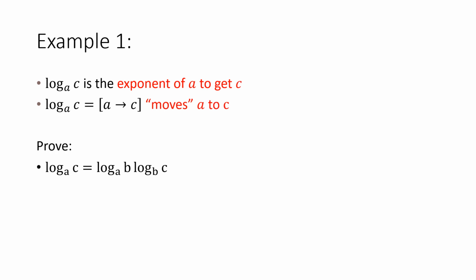Let's try to prove that log base a of c is equal to log base a of b times log base b of c. Let's first rewrite this using our notation.